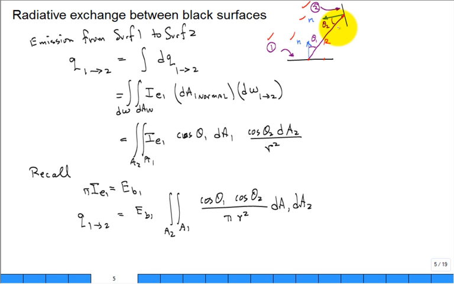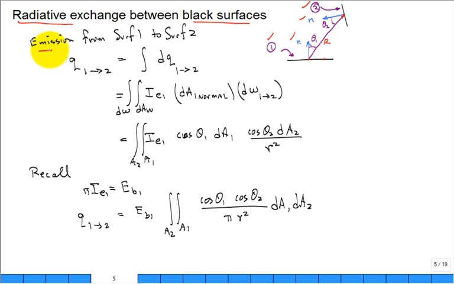In this sketch, theta 1 looks similar to theta 2 in magnitude, but they are not. They can be very different. Okay. So now if you ask the question, what is the radiative exchange between these two black surfaces? They're black, meaning perfect emitter, and they're going to emit as a diffuse surface.